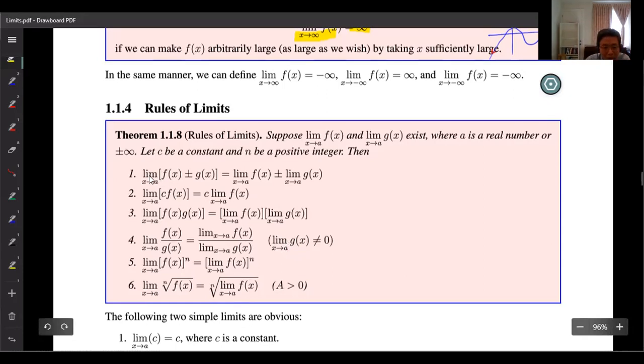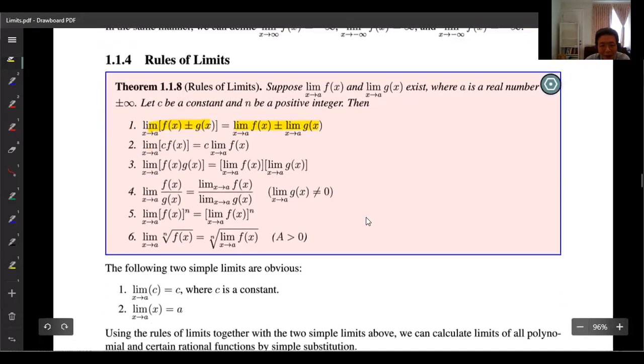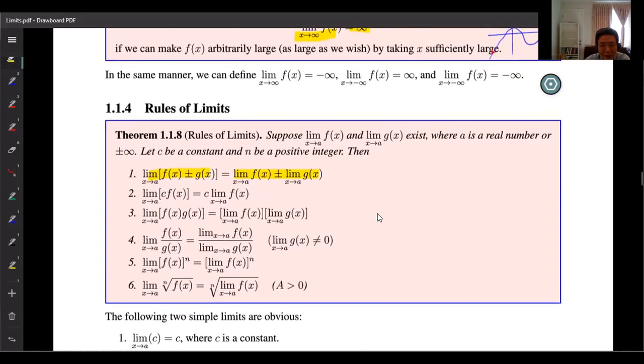If you want to calculate the limit of a sum, it's very easy: the limit of a sum equals the sum of the limits, or the difference. Here a could be a finite number or infinity, including a limit at infinity. If we have a constant multiple, we can bring out the constant.